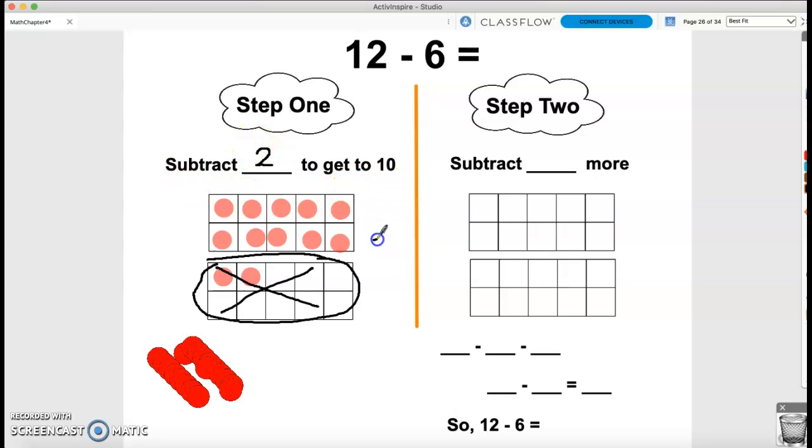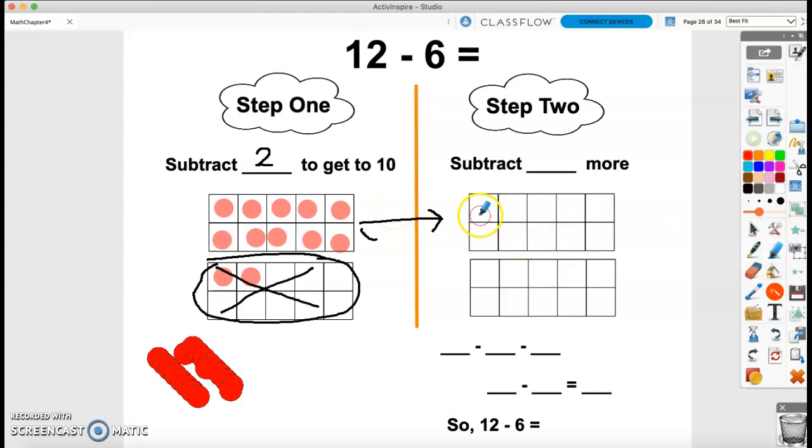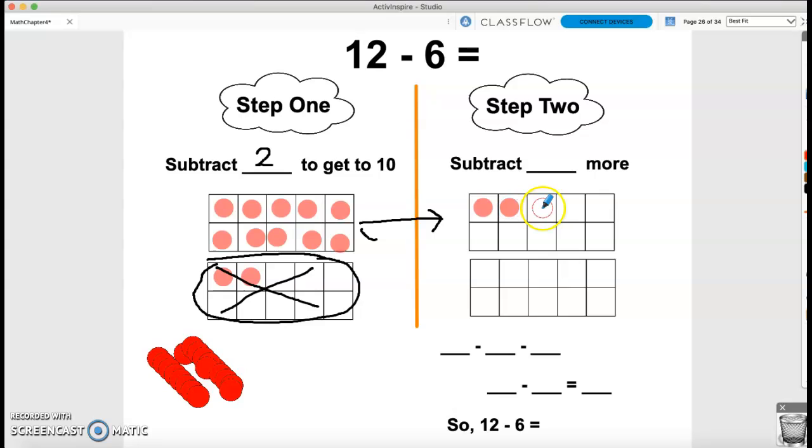So my 10 goes right over to here for my step 2. So now I have 10. And we have to figure out how many more we need to subtract.